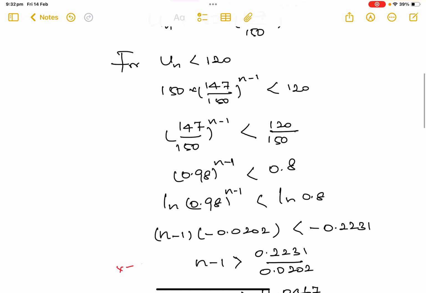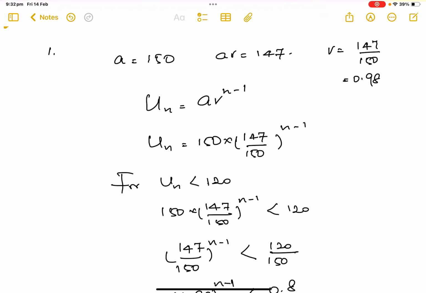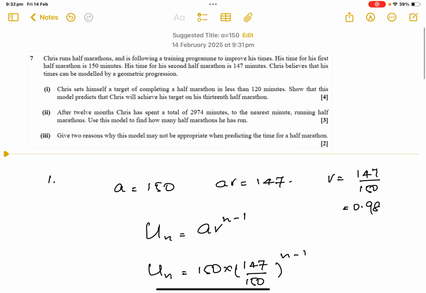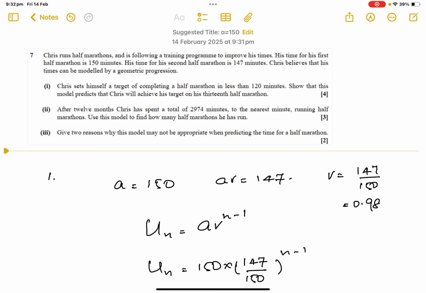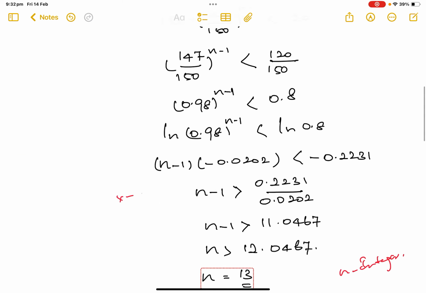The times of each marathon he runs are about 150, 147, and less, until the 13th, which is less than 120. So the total time he ran the half marathons is 2974 minutes. That's the total.